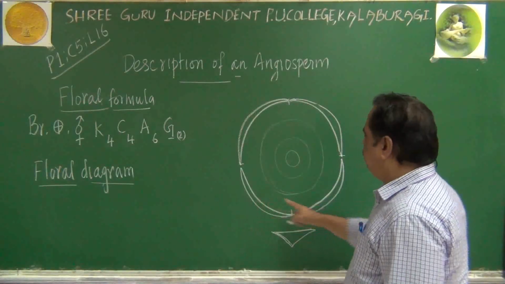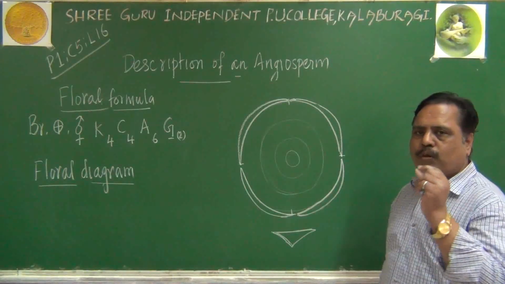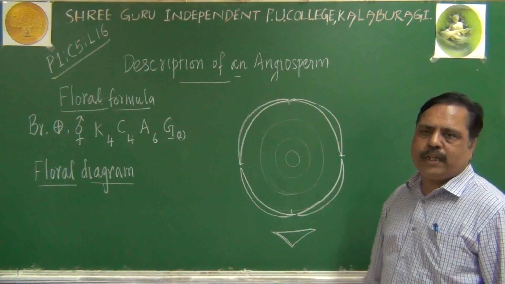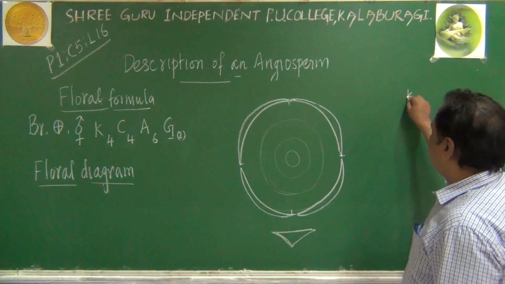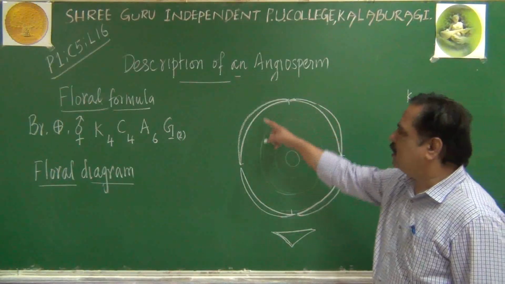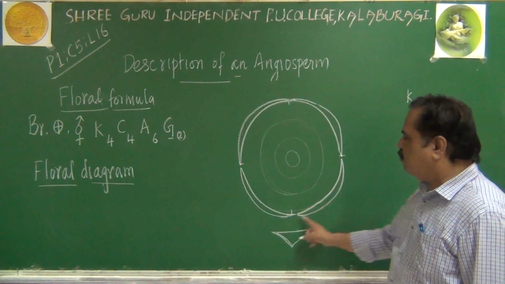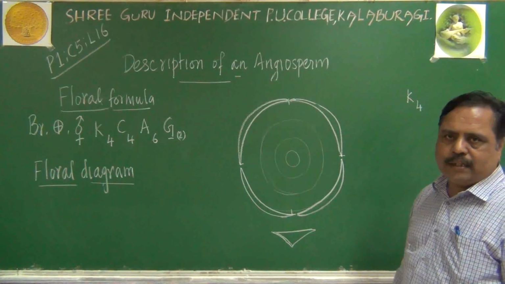1, 2, 3, 4. Now by seeing this, you can get 3 important points related to calyx. Outermost whorl is calyx. How many sepals are there? 4 are there. They are polysepalous, they are not united, that is why we are not putting a bracket here.